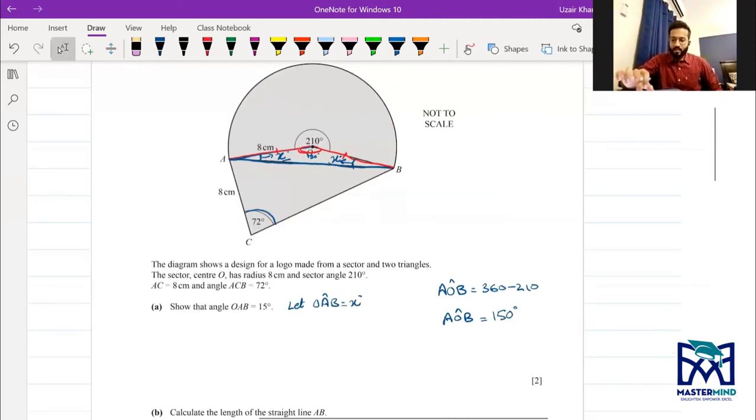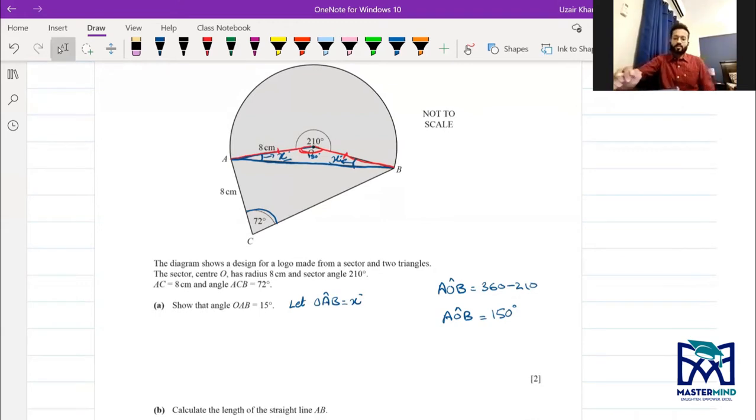And now I can calculate the missing angle, which is angle OAB, very easily. So I'm going to do angles in the triangle. x plus x plus 150, the sum of angles in the triangle is 180. And there we have an algebraic equation.